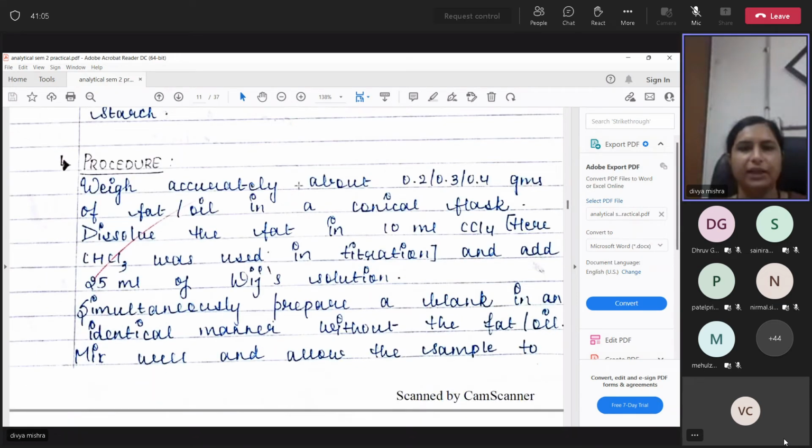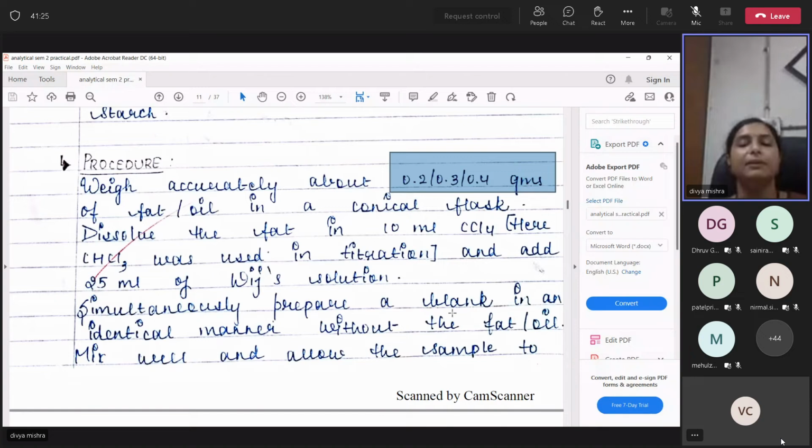So we will weigh accurately about this many grams of sample in a conical flask. We will dissolve the fat in 10 ml carbon tetrachloride, and then add an excess of ICl solution. So we are adding 25 ml.